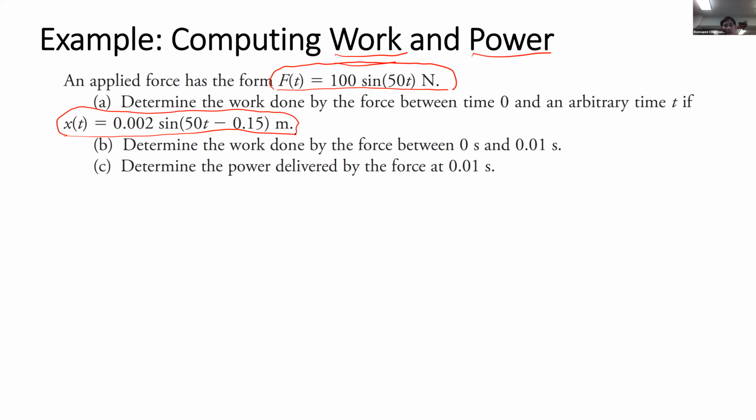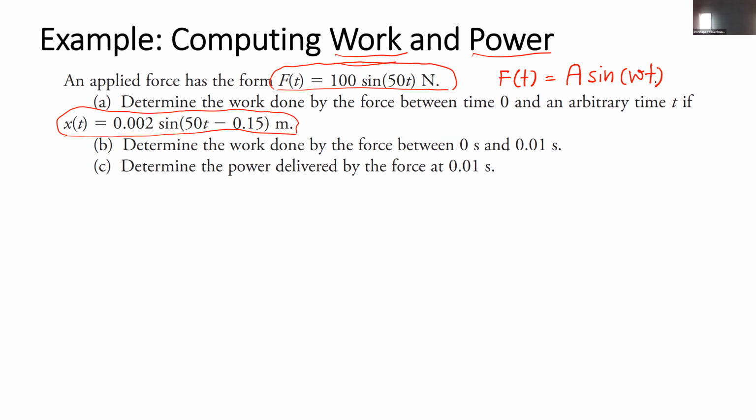If we want to deal with numbers, we may simplify what the problem gives as a simple symbolic form. The force function F(t) may be written in terms of a magnitude multiplied by the sine function of omega t.